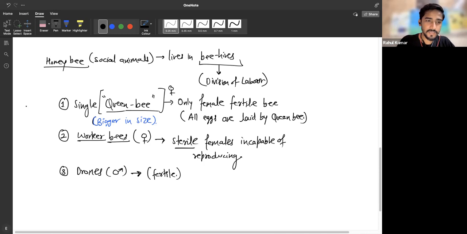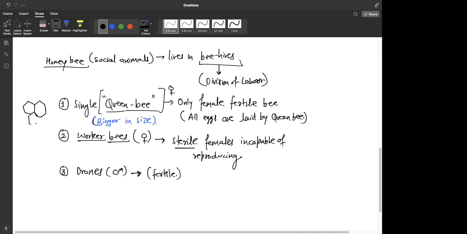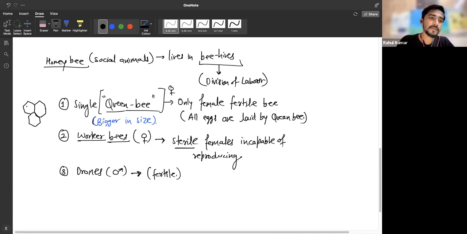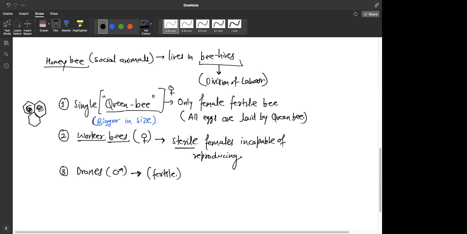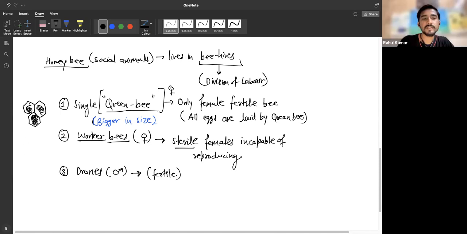A beehive is hexagonal in structure like this. You understand what I'm drawing, people? And inside is honey filled, right? So honey is basically bee vomit, but it's very, very nutritious.